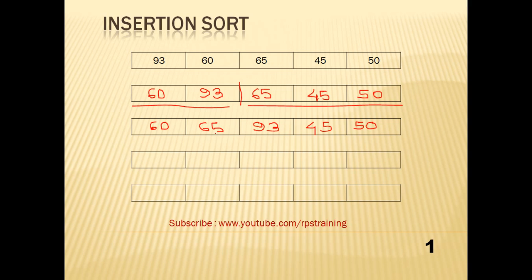The previous element of 65 is smaller, so it will remain the same. And now up to this position the array is sorted. This is sorted and this is unsorted.